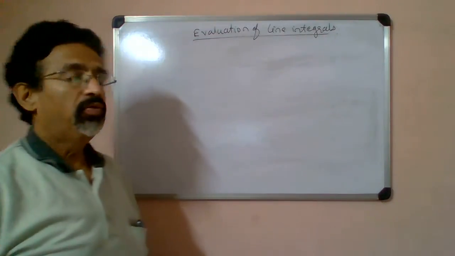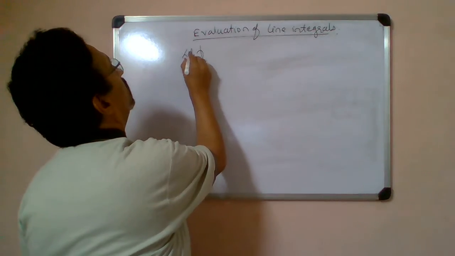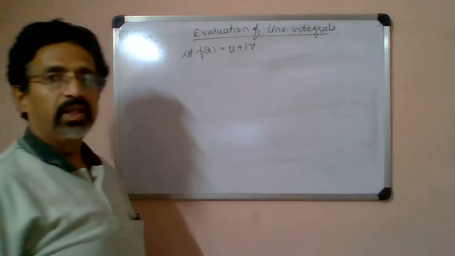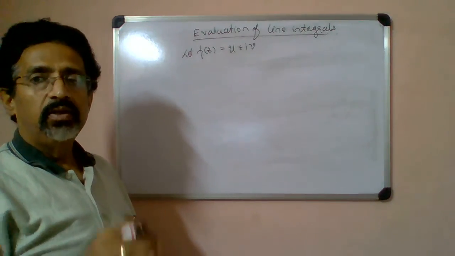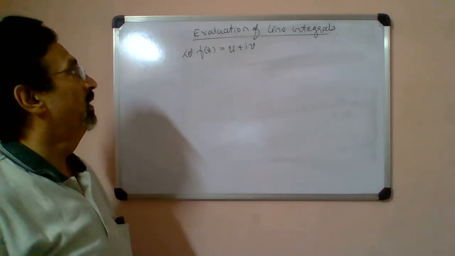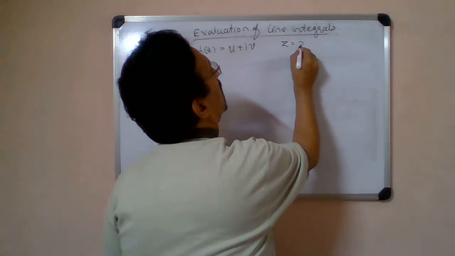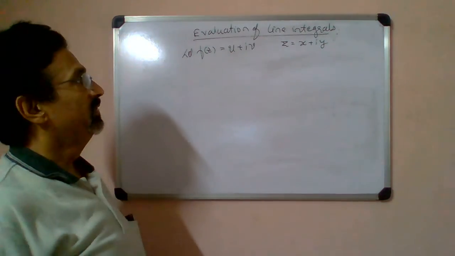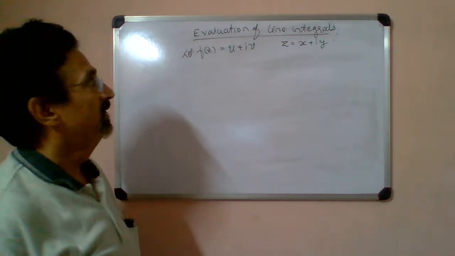Let f(z) be equal to u plus i times v. u and v are functions of x and y. u is called the real part of the function, and v is called the imaginary part of the function. Then z is x plus i times y, the point on the xy plane or z plane, which is also called the Argand plane.